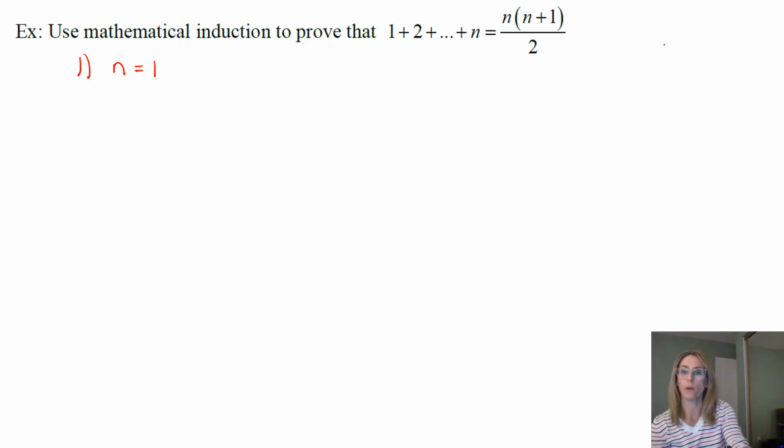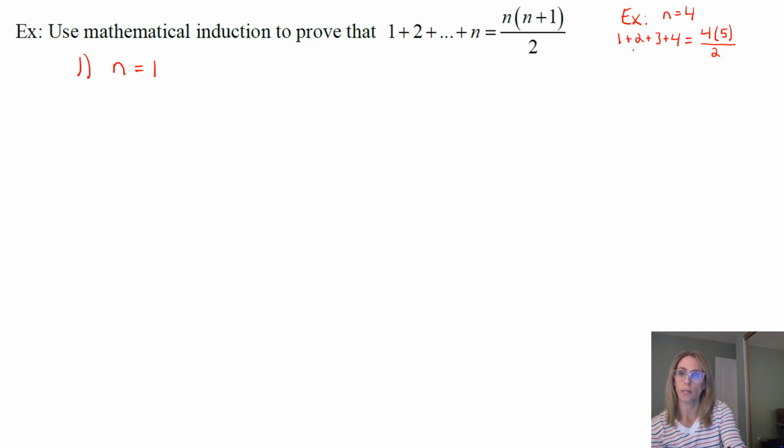Just as an example, so that you're with me here, if we let n equal 4, we'd be adding 1 plus 2 plus 3 plus 4. And this tells us that that should be equal to 4 times 4 plus 1, so 4 times 5, divided by 2.